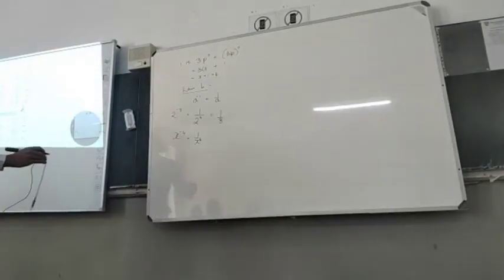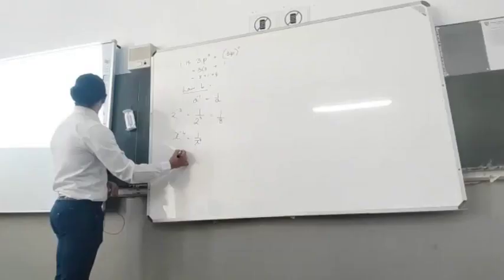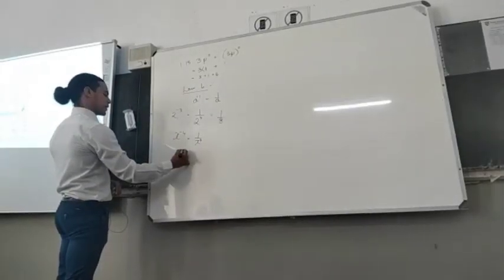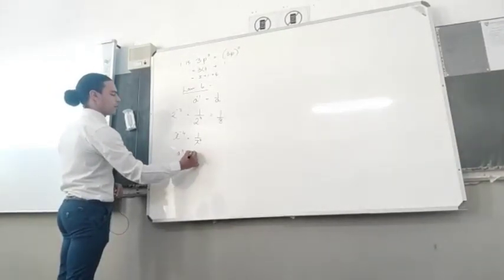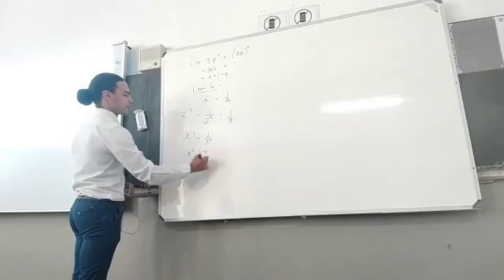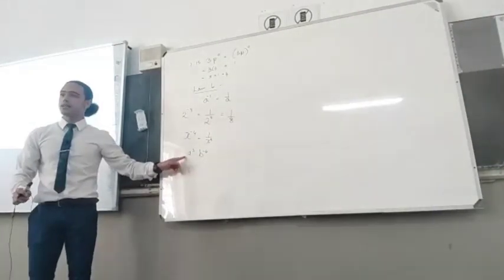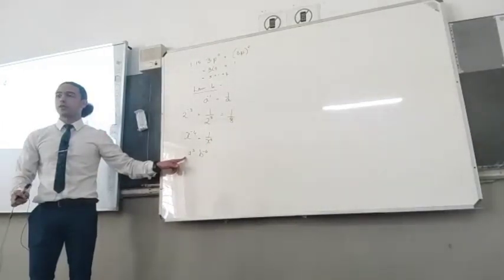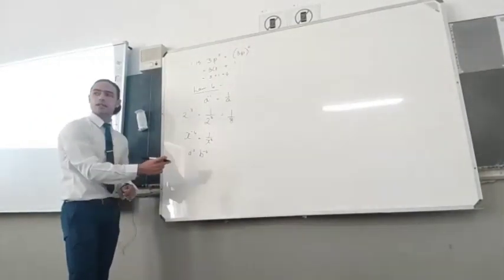Good, continuing there, we have number 1.18, a to the power of 3 times b to the power of negative 4. Now look here, the a's exponent is positive or negative? Positive 3, right? But the b's exponent is negative.